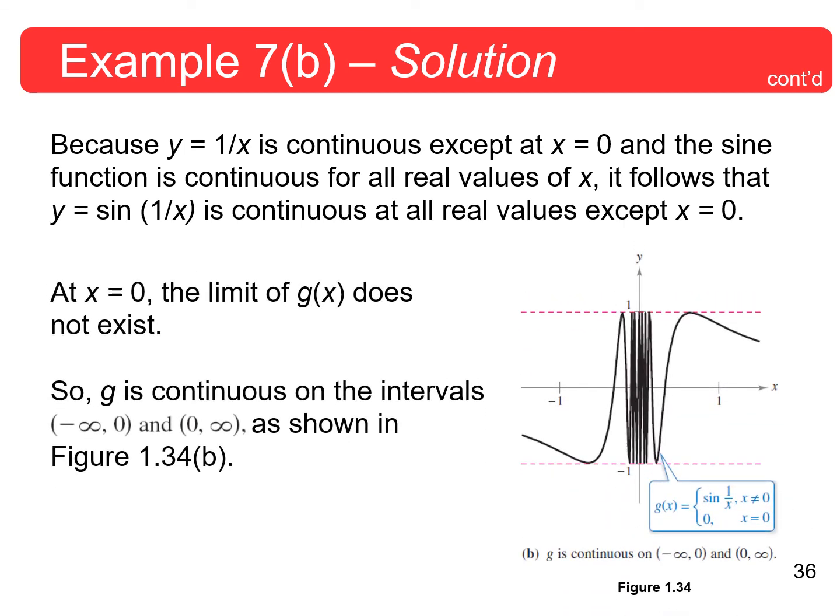Now at x equals 0, the limit of g of x does not exist. So therefore, g is continuous on the intervals negative infinity to 0 and 0 to positive infinity. And you can verify that from the graph.